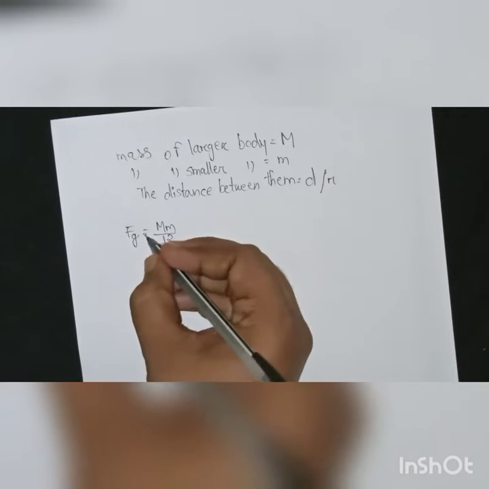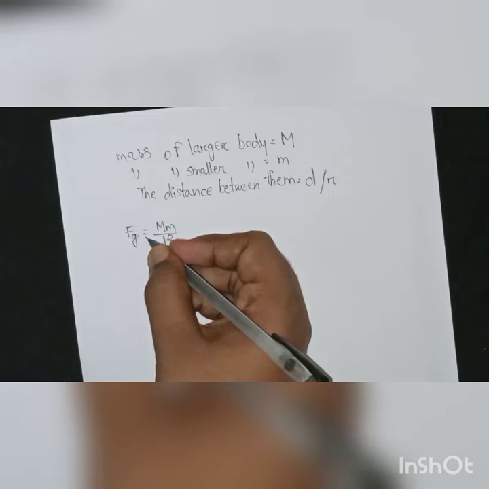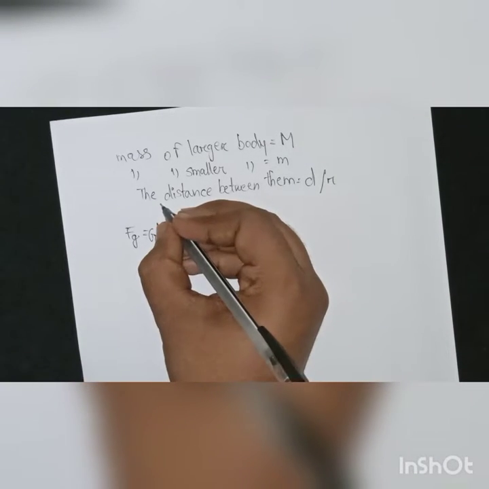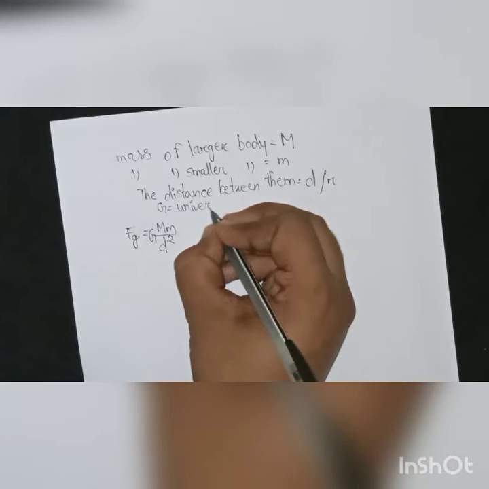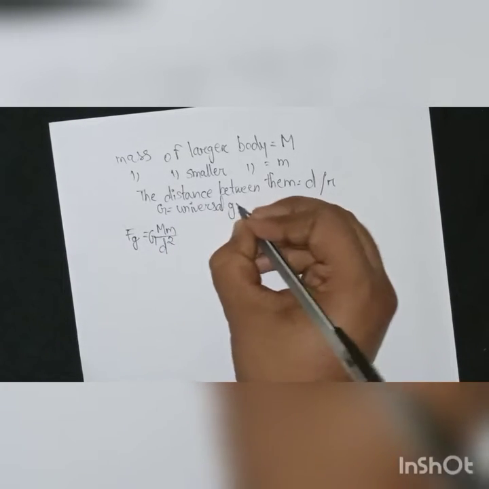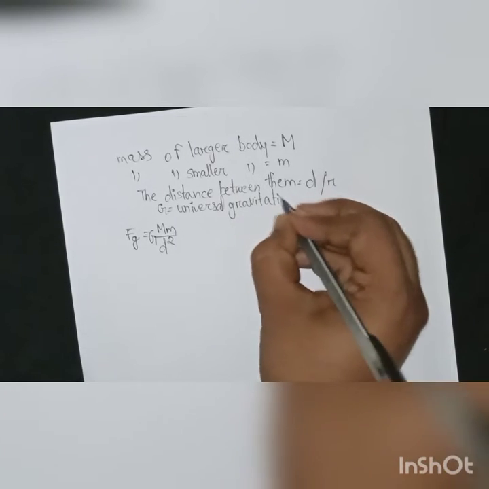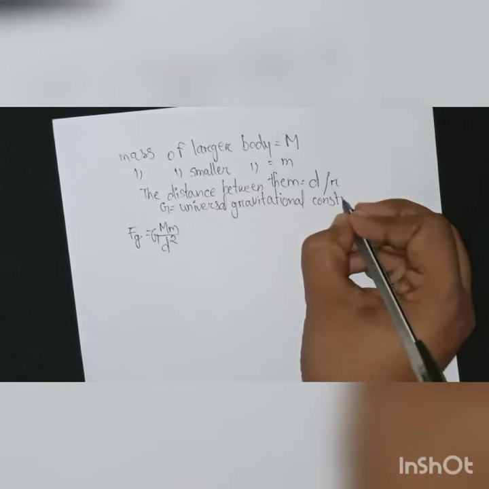But this is an equals sign, so for this we have to add a constant, and that is capital G. So capital G is the universal gravitational constant.